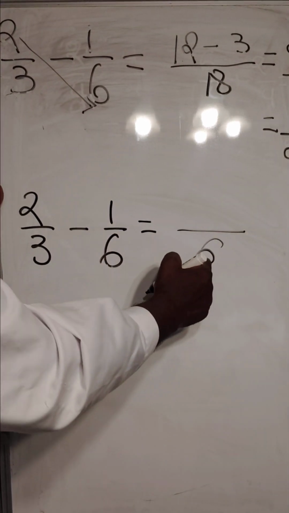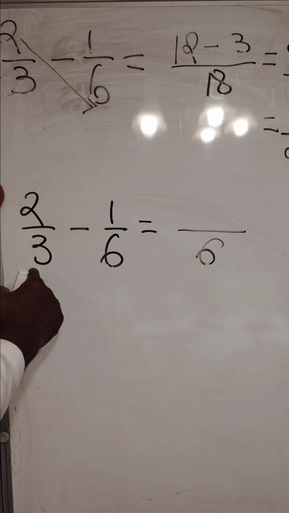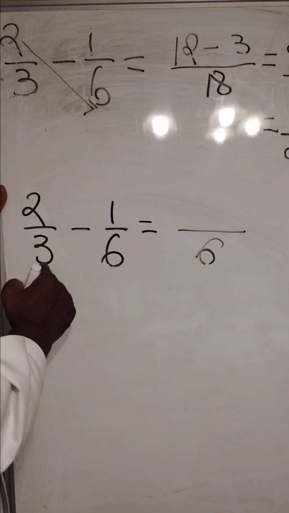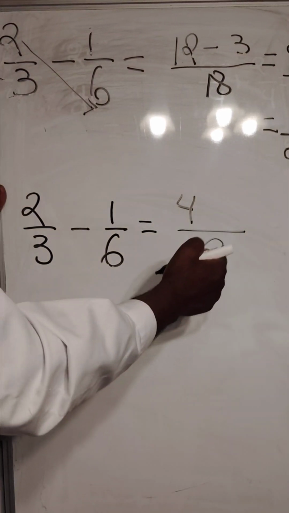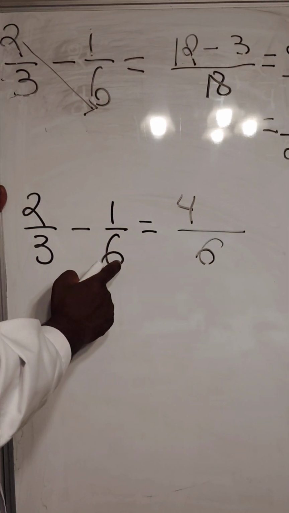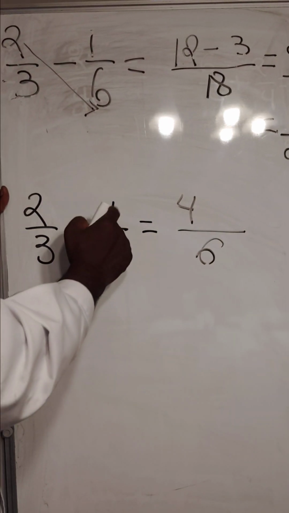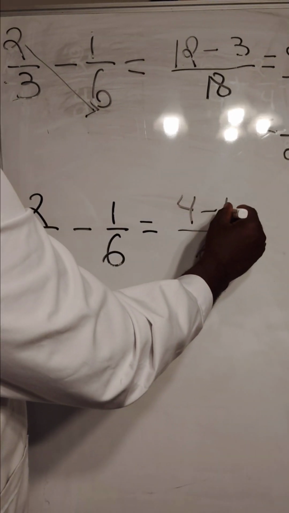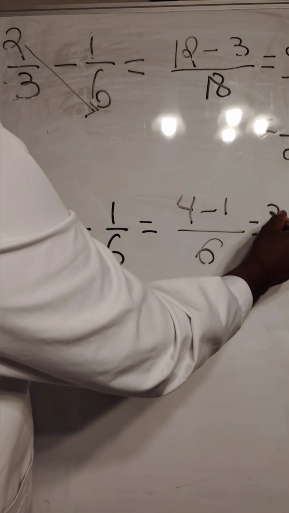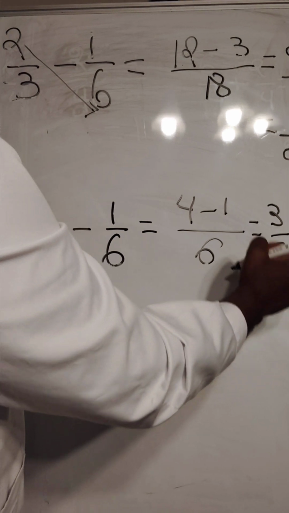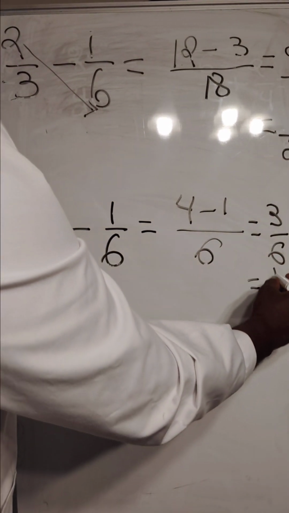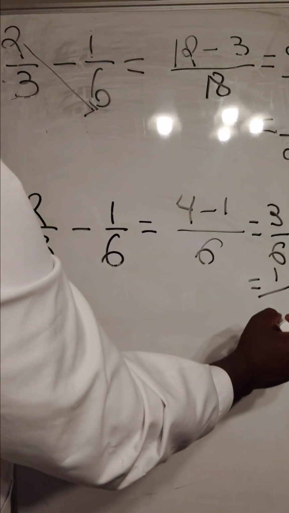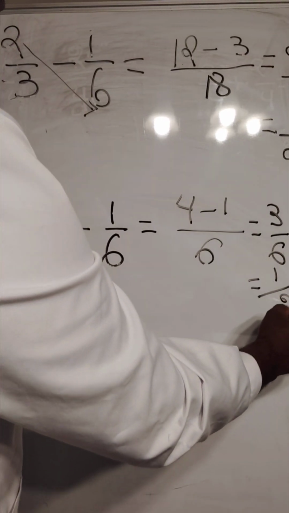Then I have 6 divided by 3 is 2. 2 times 2 is 4. 6 divided by 6 is 1. 1 times 1 is 1. So I'm going to have a 3 over 6. You know, both can be divided by 3. Once you divide the 3 by 3, you get 1, and once you divide the 6 by 3, you get 2.